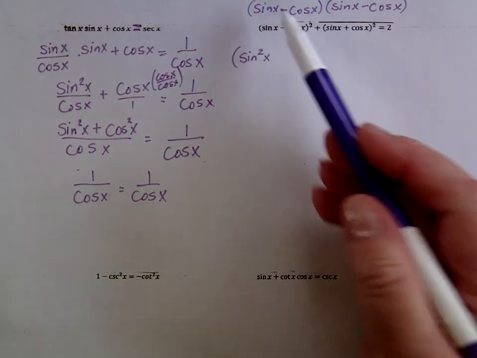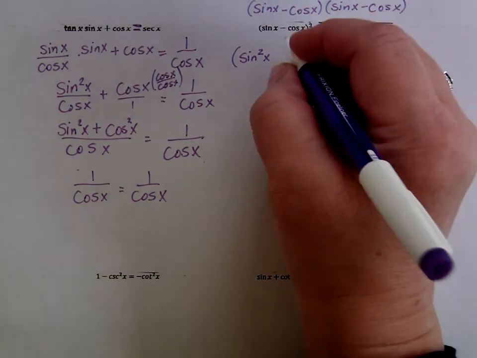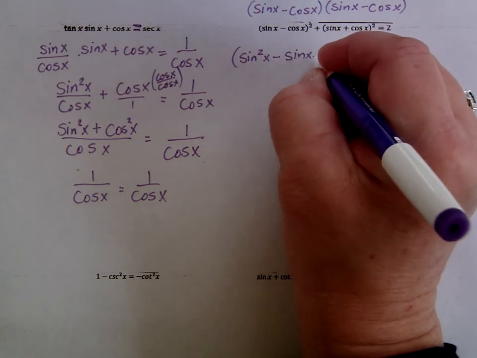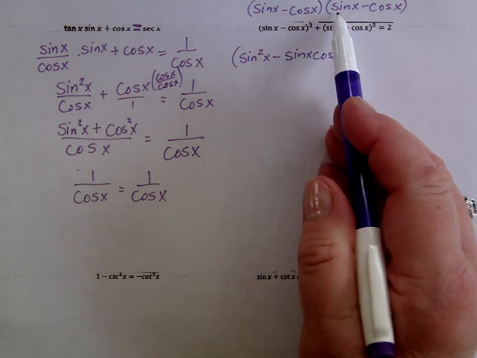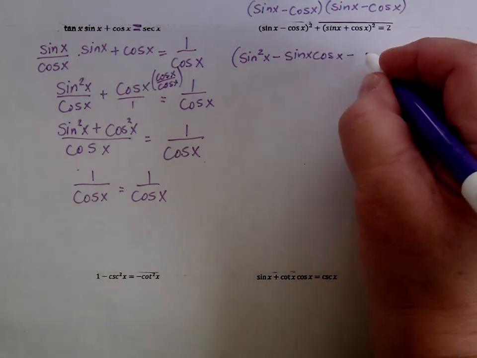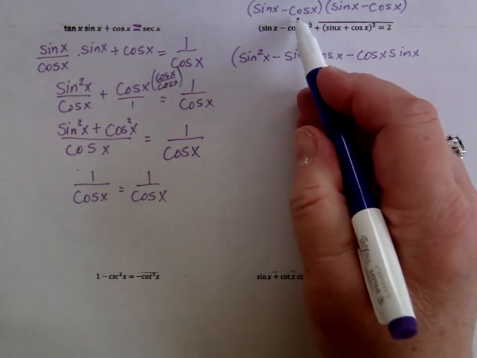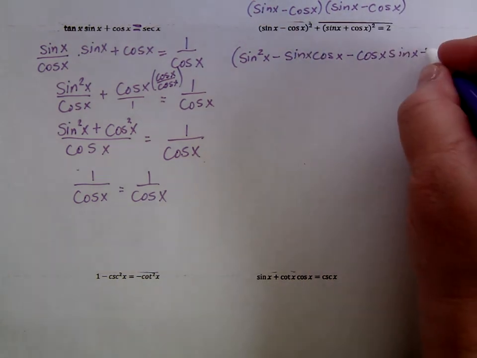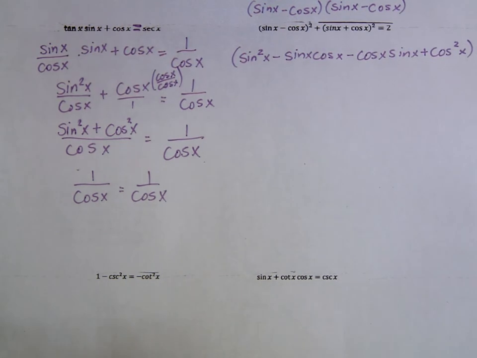If I go outers, sine of x times a negative cosine of x is a negative sine x cosine of x. If I do inners, negative cosine times positive sine is a negative cosine sine, and negative cosine times negative cosine is a positive cosine squared. All of that is just this first piece.